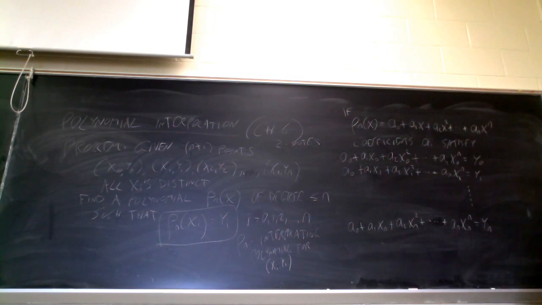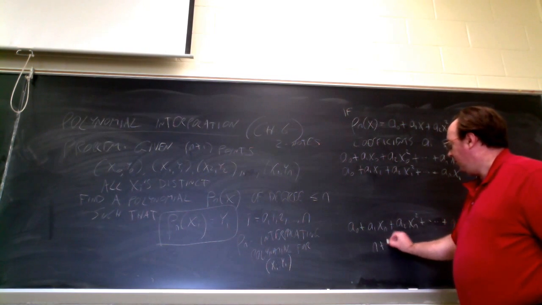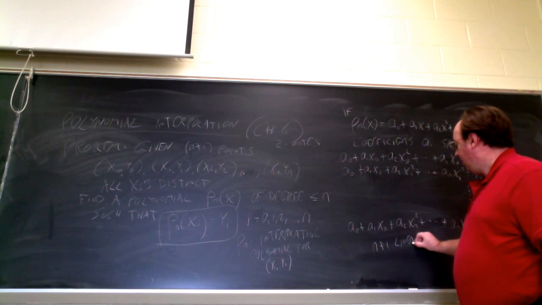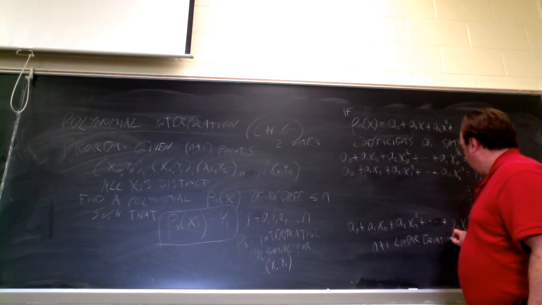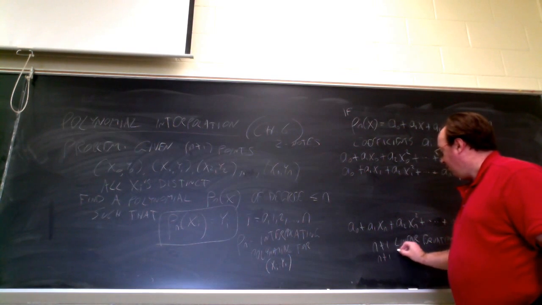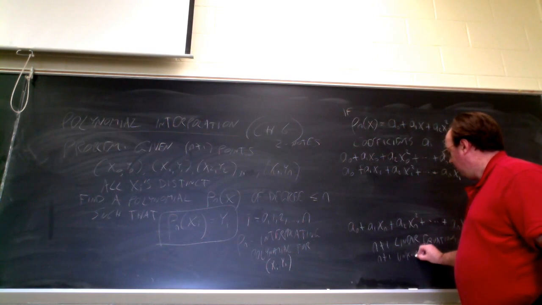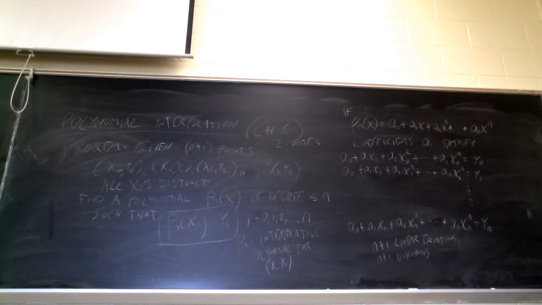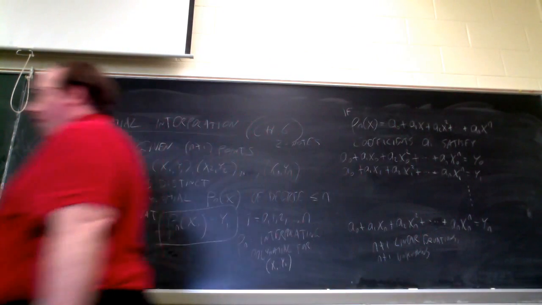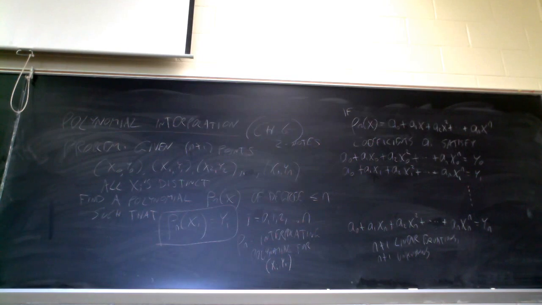Now, what we have is n plus 1 linear equations and n plus 1 unknowns, which are the coefficients. So everything matches up pretty nicely. But what I can also do is write out this system in matrix vector form.